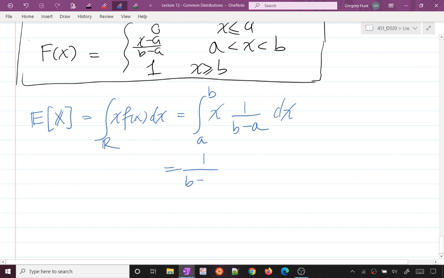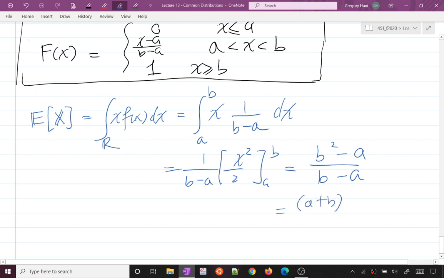We can factor out 1 over b minus a. So at this point, it's not a probability problem, it's just a calc 1 problem. What are we left with? x squared over 2, evaluated between a and b. And that gives me (b squared minus a squared) over 2 times (b minus a). Of course, I can factor b squared minus a squared as (a plus b) times (b minus a).